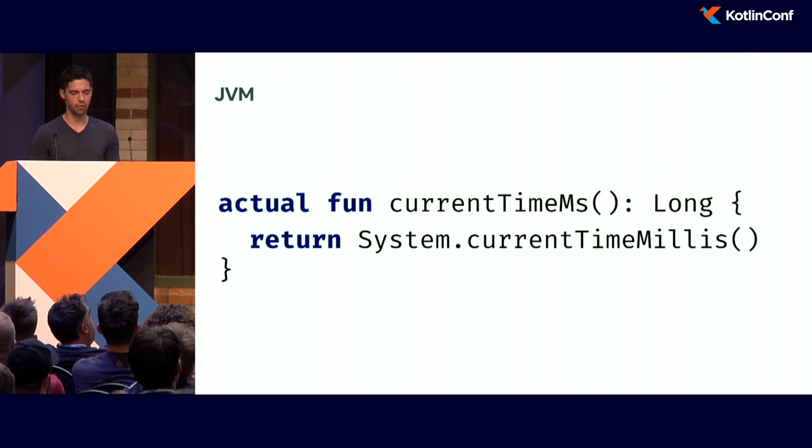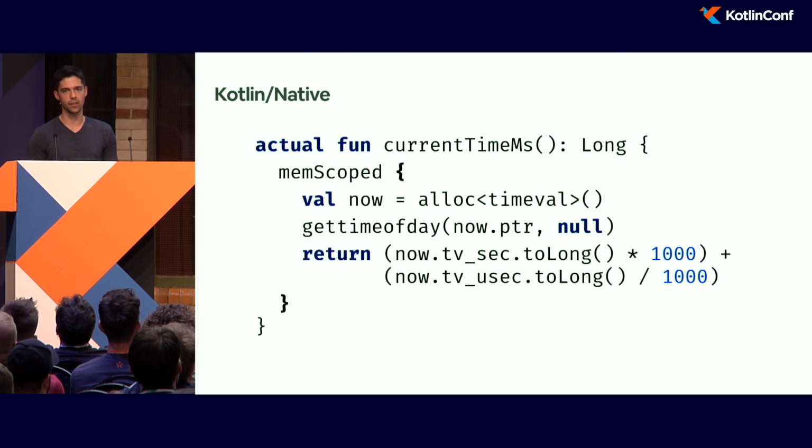On Java, it's pretty straightforward: use the system class to get that. But let's say you're targeting Kotlin native. You don't really have that available, right? So you actually have to use the C API to get the current time of the day and do a lot of math around there to get the actual milliseconds timestamp. This works perfectly, and that's just an example of how you'd implement them on each platform.